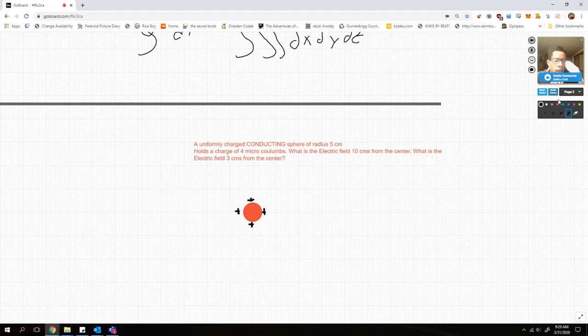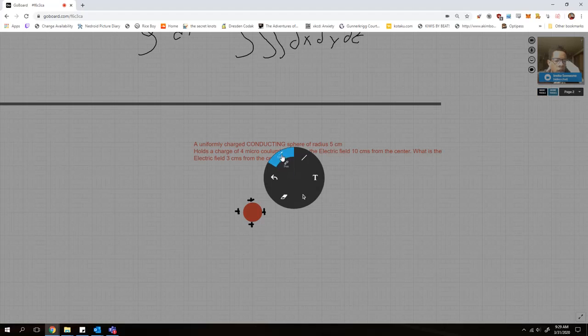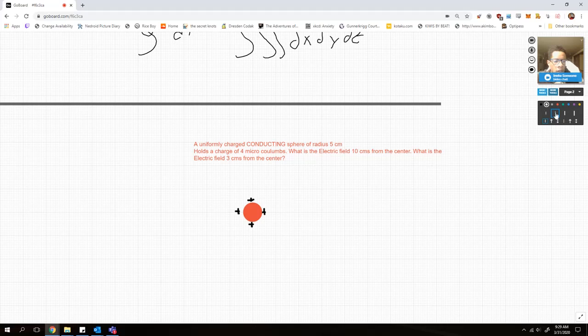Okay, so why is that important? Well, now that I know where the charge is, I can draw a Gaussian sphere, this time of radius 10 centimeters from the center.